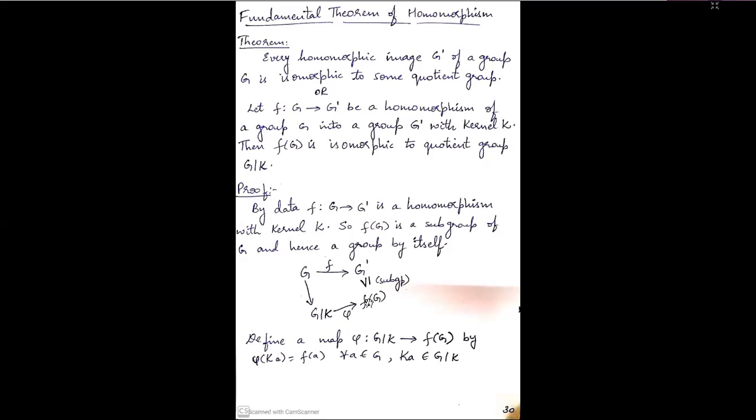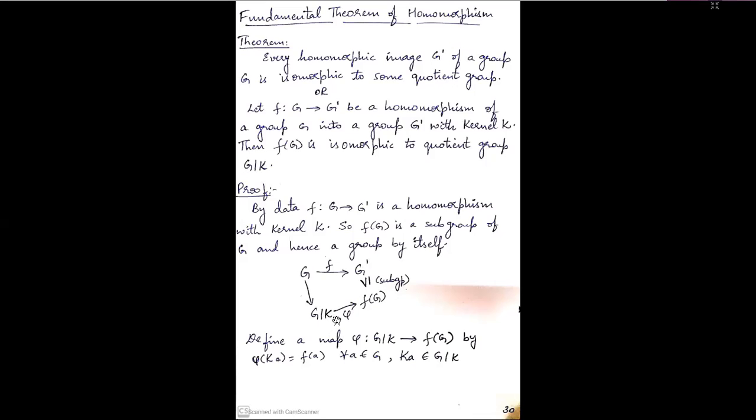So what we have to prove is that f(G) and G/K are isomorphic. Both are homomorphic images of G. We show that these two are isomorphic. And here we have that f(G) is a subgroup of G'.